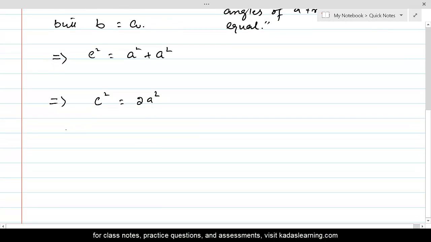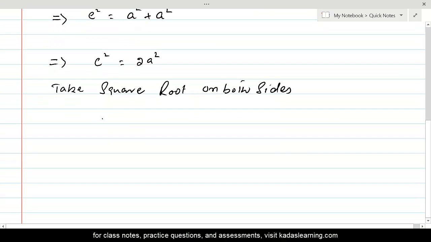And if we take the square root on both sides, what we get is C equal to under root 2 times A.